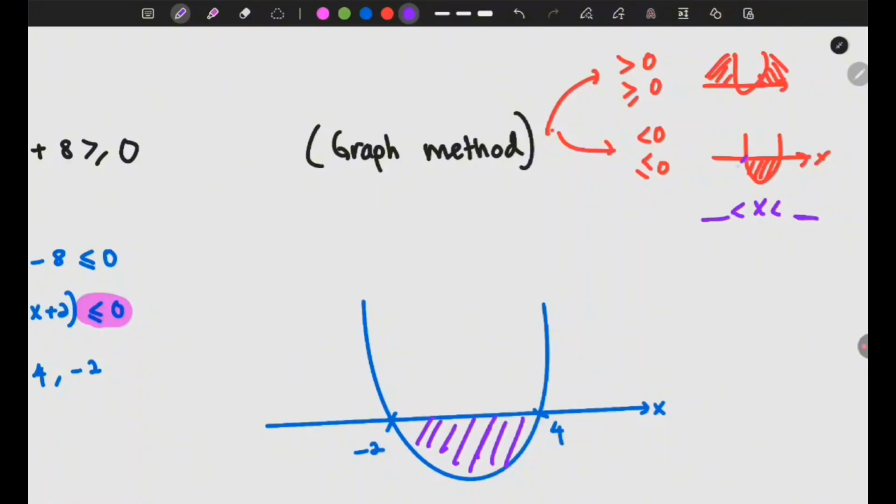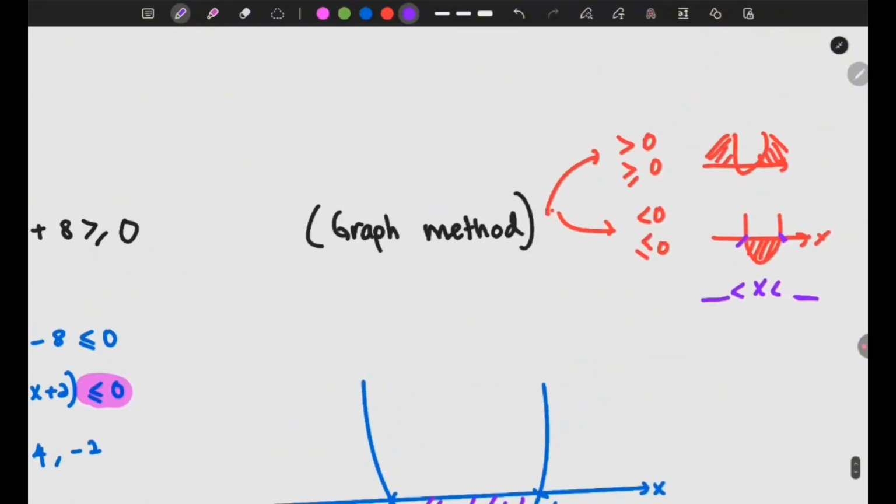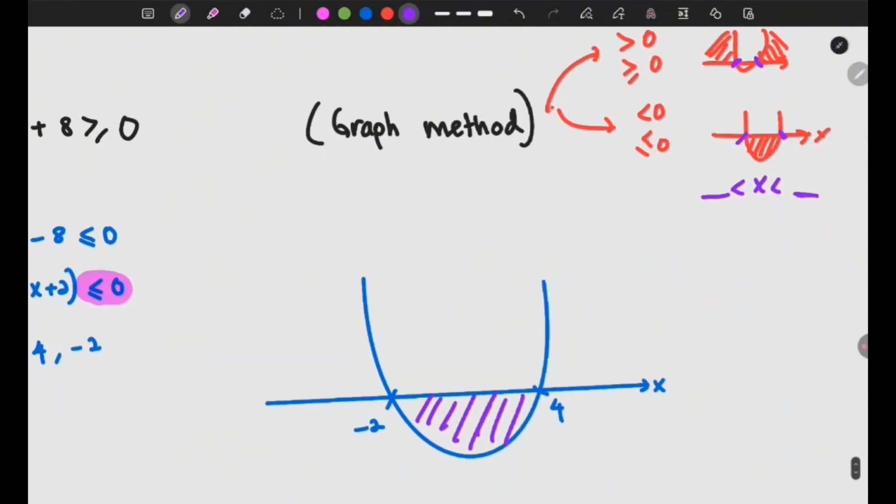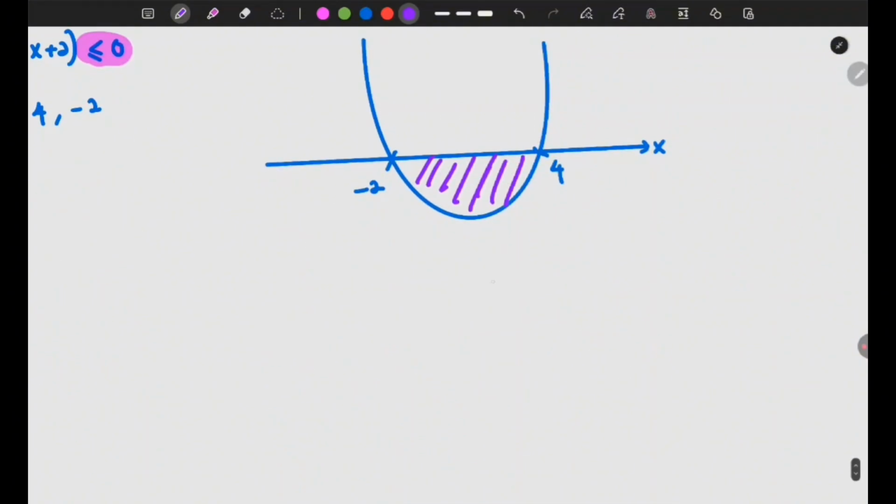So the sketching part is in between negative 2 and 4. So that's what you have to put here. That's the answer, the range. And don't forget, there is an equal sign here. So because of the equal sign, you should add an equal sign here. Don't forget. If there's equal, put an equal sign. No equal, don't put equal.